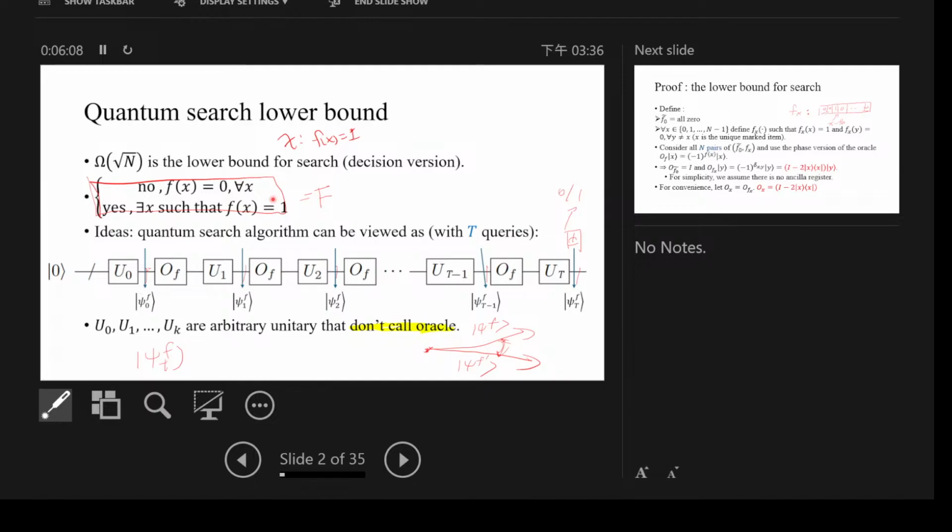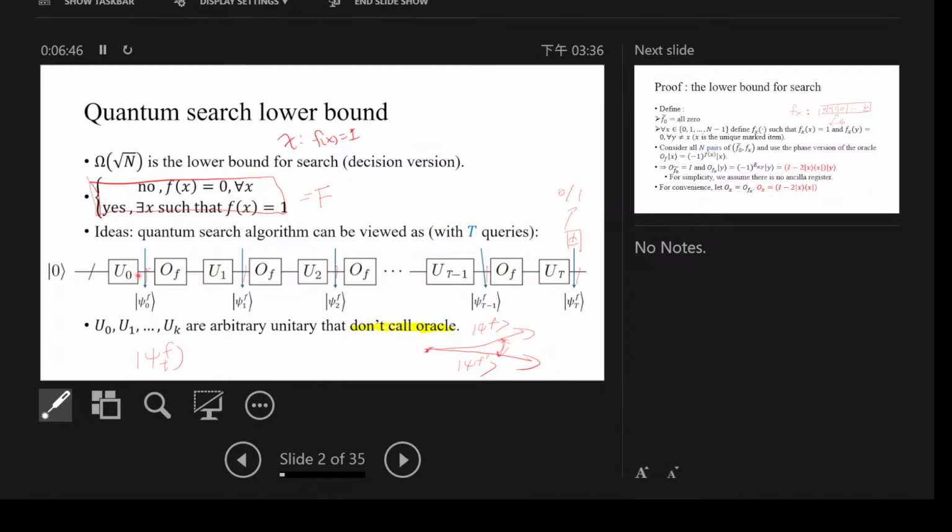It's a bit confusing because there are two f's, but that's what happens when we have oracles. The very high-level idea of the quantum search algorithm is that we think about algorithms that look like this. We have said this several times: in an oracle algorithm, we can always think that we place the oracle inside our circuit one by one, sequentially. Even if it's parallel, you can think of placing them sequentially with some swapping in the middle.